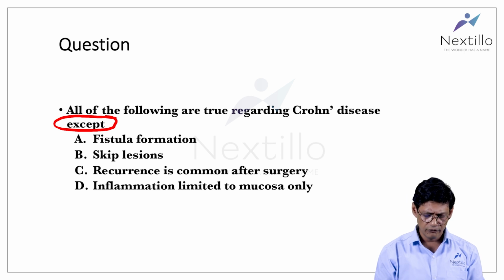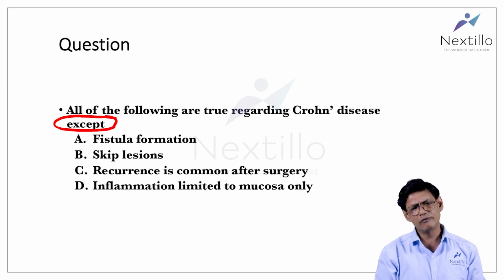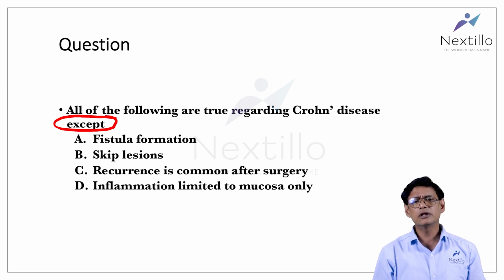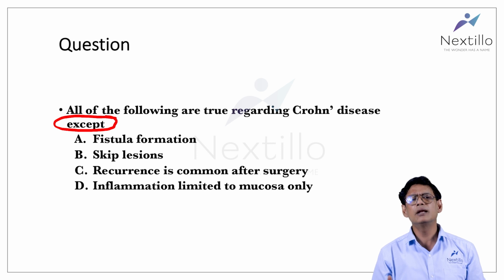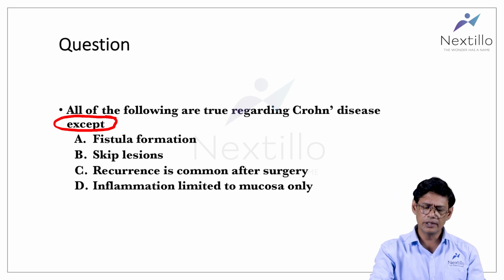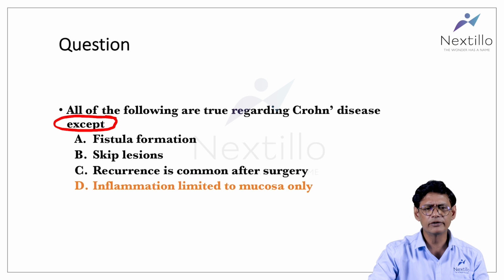In Crohn's disease, the inflammation involves all the layers of the intestine, starting from the mucosa, moving outwards, and involving all layers of the wall. The inflammation of all the layers of the wall ultimately may lead to fistula formation and abscess formation. So amongst all of these, the wrong one is that inflammation is limited to mucosa only. The inflammation in Crohn's disease is going to involve all the layers of the intestine.